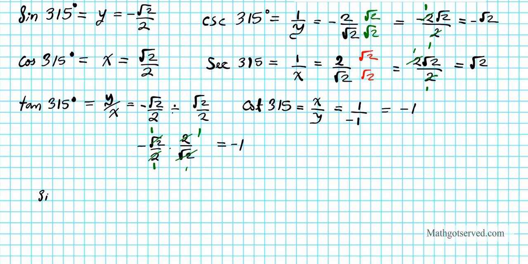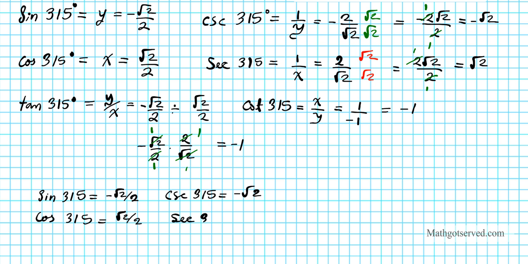We have sine 315 equals negative root 2 over 2. Its reciprocal relative, cosecant 315, is negative root 2. Cosine 315 is root 2 over 2.